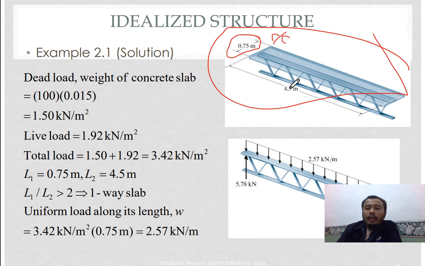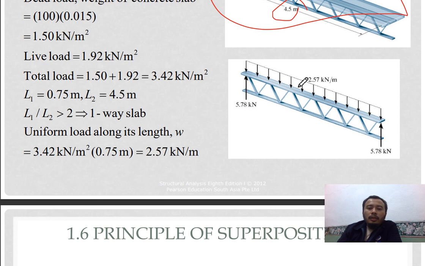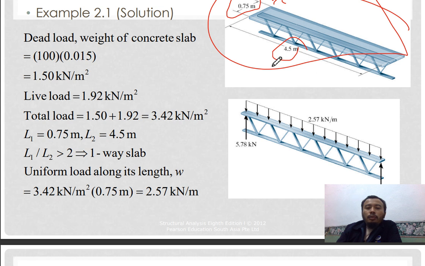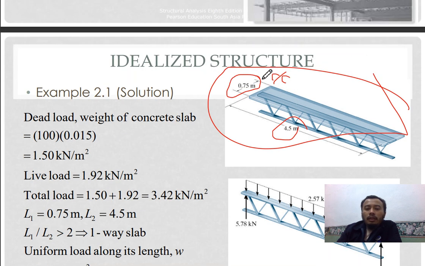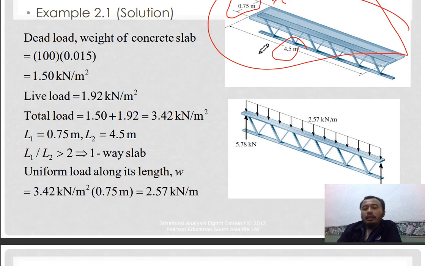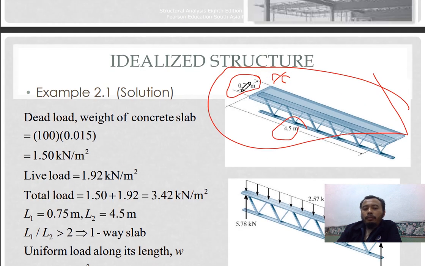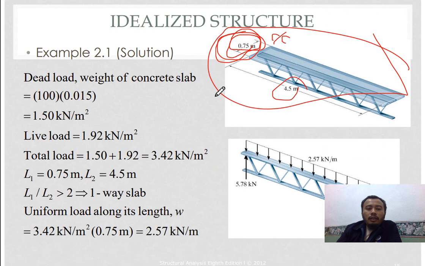And then the length is given here, 4.5. So based on this width and this length, you can get the area. Basically 0.75, the breadth, times the length, as shown here, how we calculate the loading.